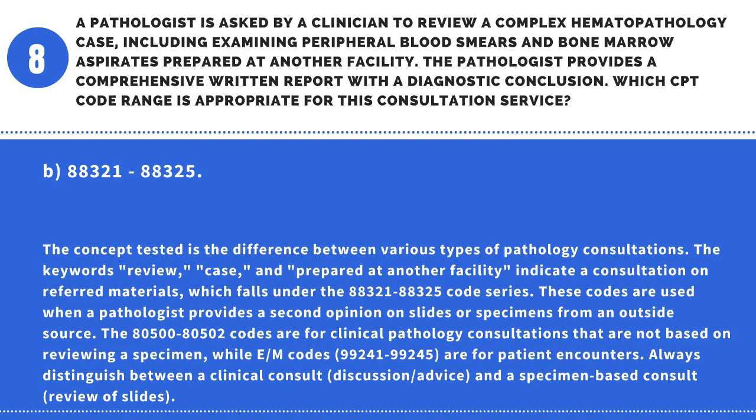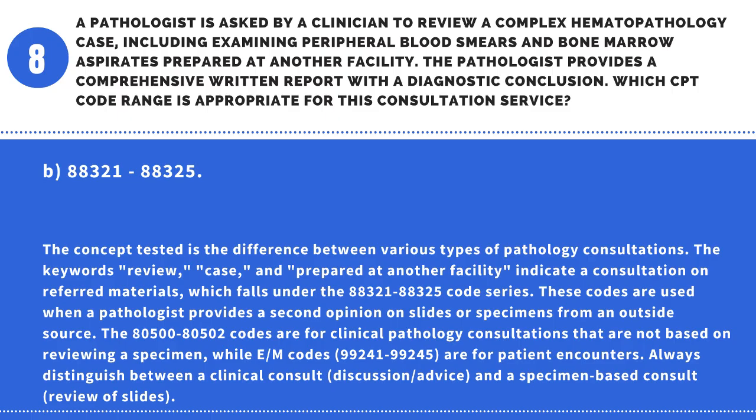Answer: B. 88321 to 88325. The concept tested is the difference between various types of pathology consultations. The keywords review, case, and prepared at another facility indicate a consultation on referred materials, which falls under the 88321 to 88325 code series.